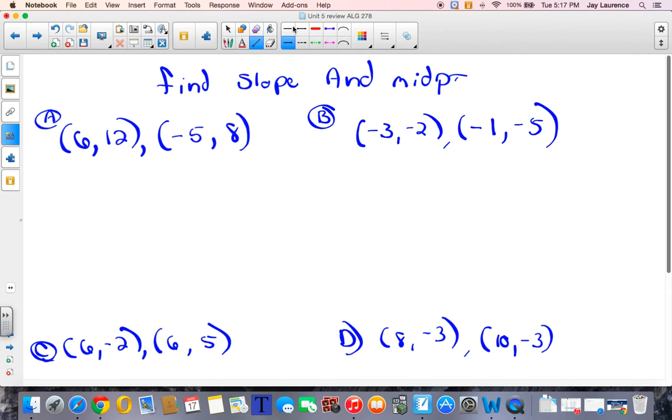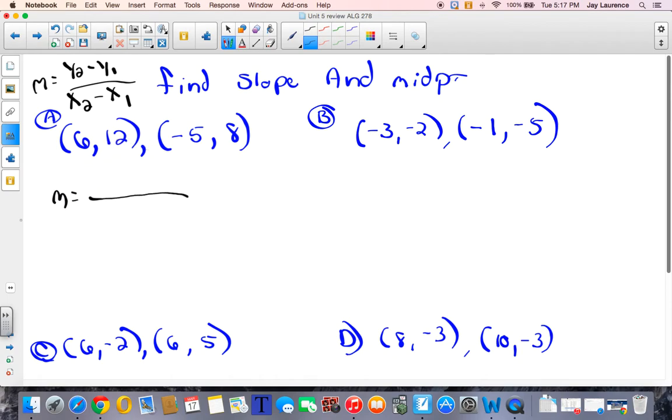All right. We have to find slopes and midpoint. Remember, to find the slope, you're going to use the formula that m equals y sub 2 minus y sub 1 over x sub 2 minus x sub 1. Excuse me. Sorry about that. I didn't have time to warn you about that sneeze. So the only rule here is I have to be consistent. My y's are going to rise to the top.